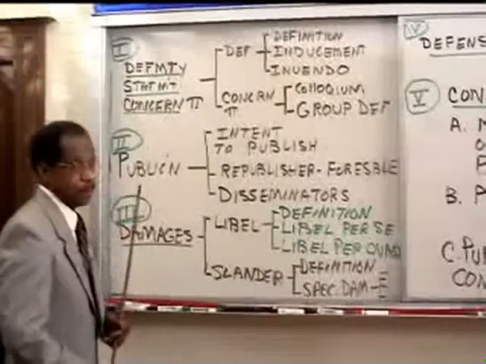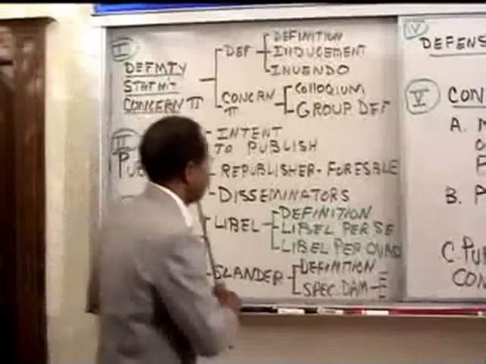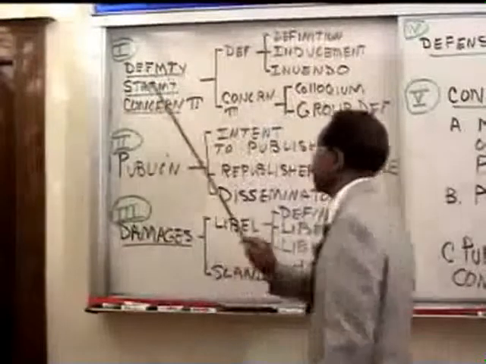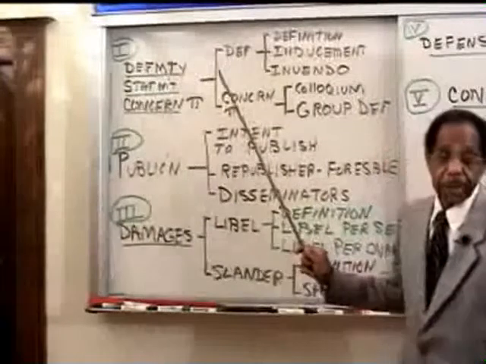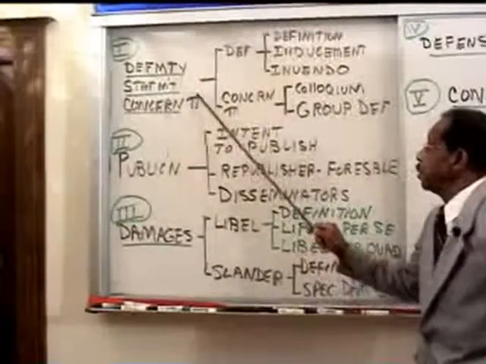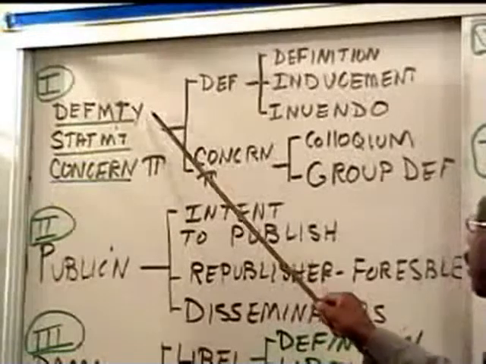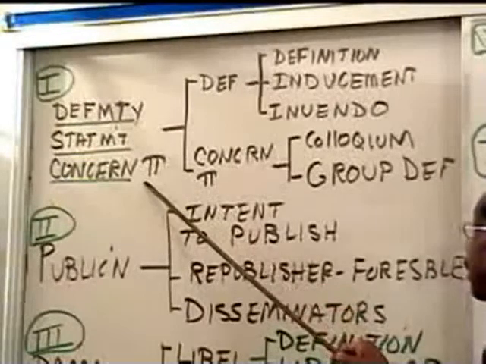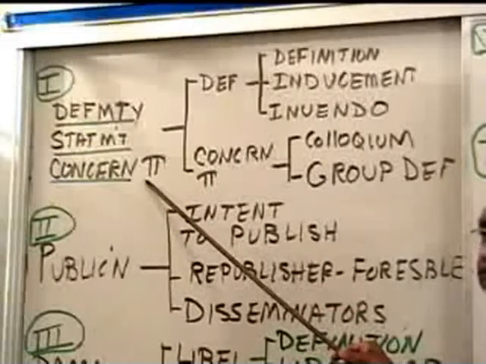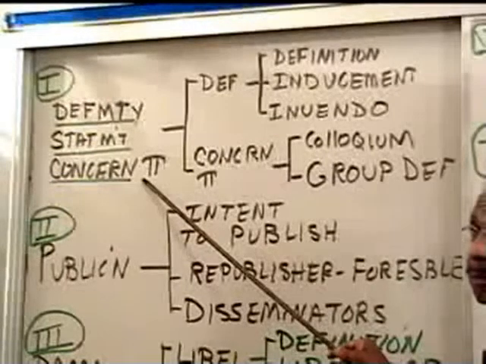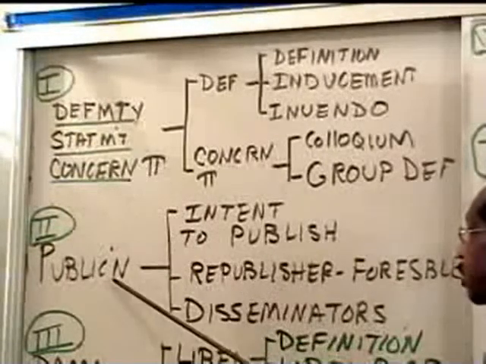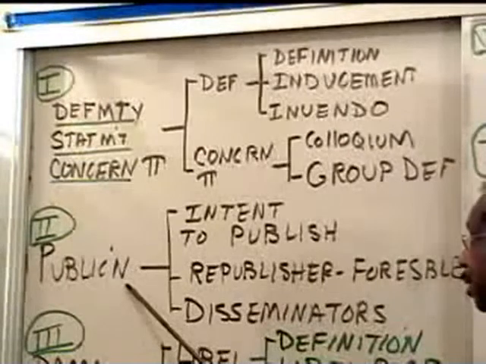Defamation has a definition, and here it is. We've gone through the definition, but if you're going to do an analysis of a defamation question, here are the separate parts that you would analyze. One, was it a defamatory statement concerning the plaintiff? Two, was it publication?